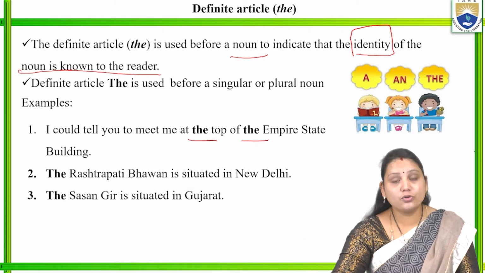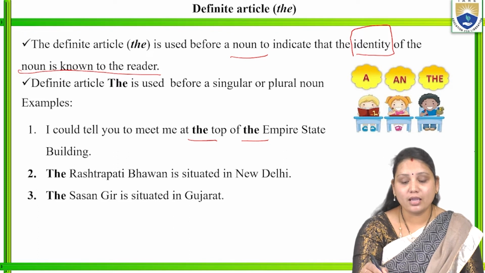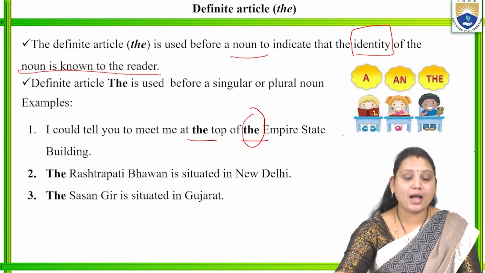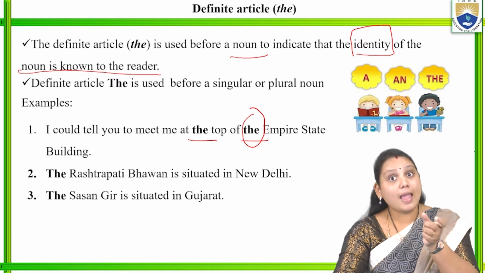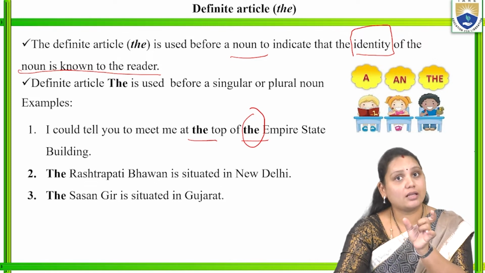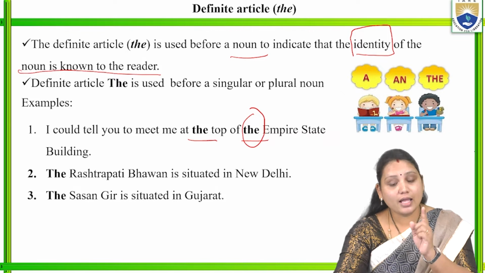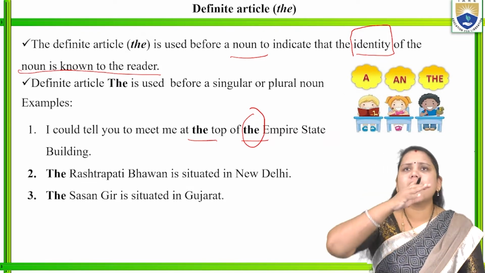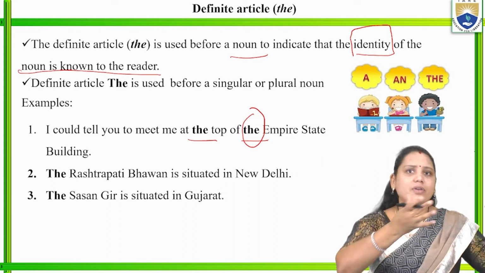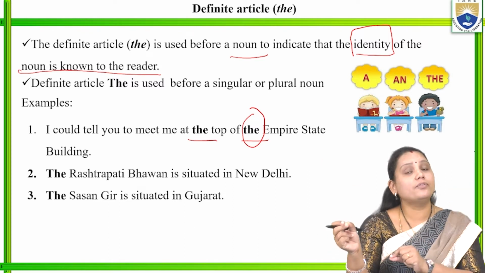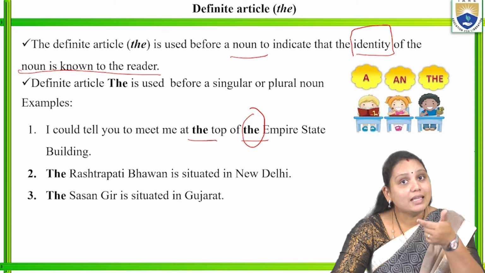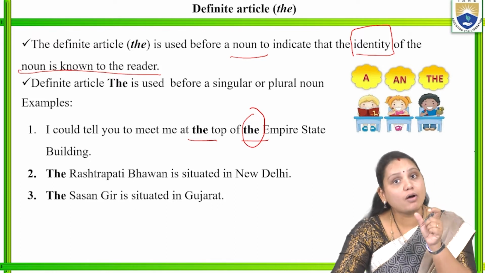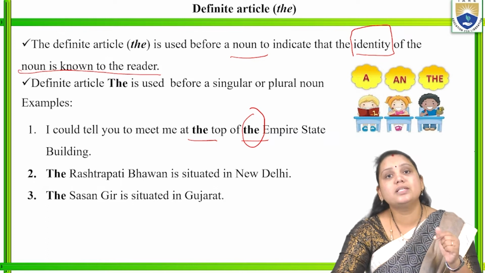When we use the before the Empire State Building, it is specifically mentioning the Empire State Building, which is unique, which is specific, which is one. Then, at the top: there are many tops, we have a top for every building, but here it is the top of the Empire State Building. So, in this way, to indicate the specific position of that particular noun, we are using the.